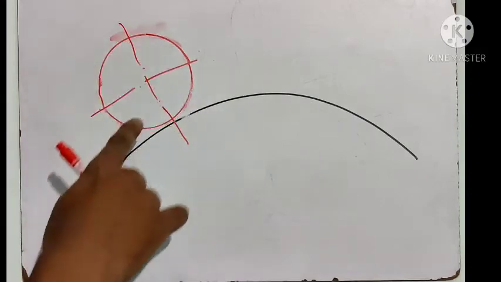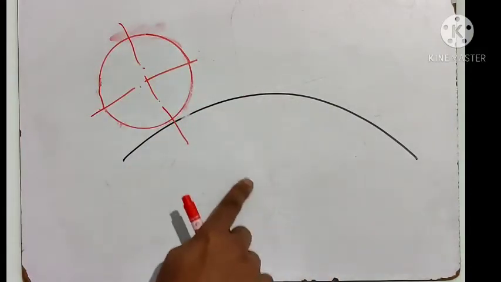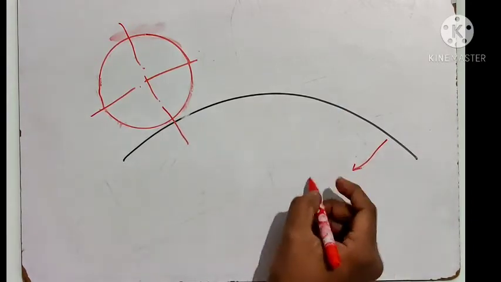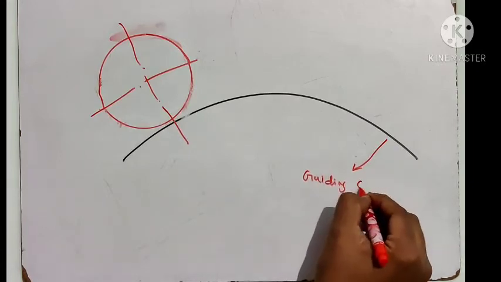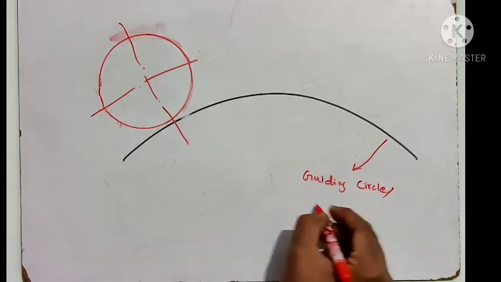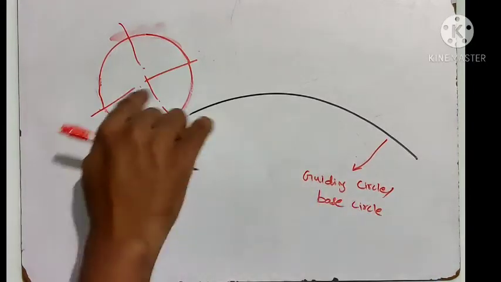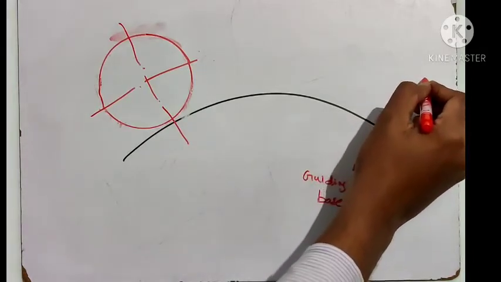This generating circle rolls for one complete revolution over this curved path. This path is nothing but the guiding circle or base circle. Over this base circle, for one complete revolution, it will reach somewhere here.